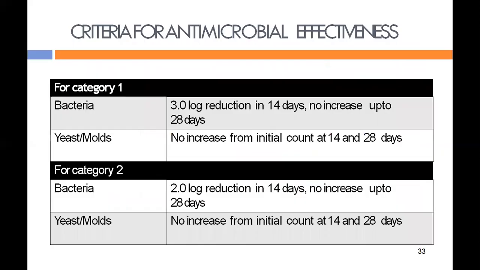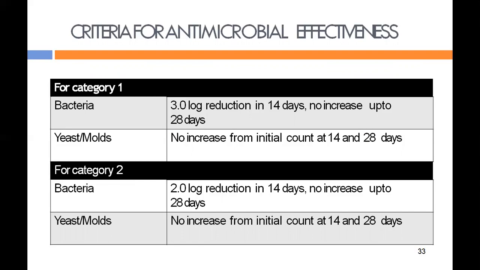So for each category, they have criteria for antimicrobial effectiveness. For example, for category 1, for sterile products, for aseptic products, for bacteria, there should be a 3 log reduction in 14 days and no increase up to 28 days. If this is observed, then only that preservative is said to be effective or able to protect that formulation.